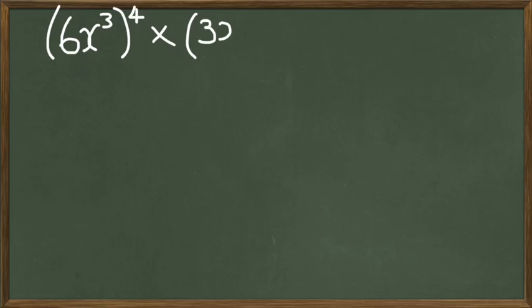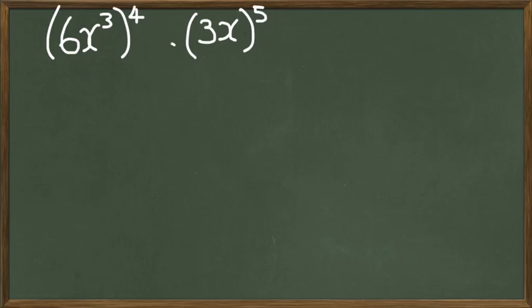You have 6x cubed to the power of 4 multiplied by 3x to the power of 5.